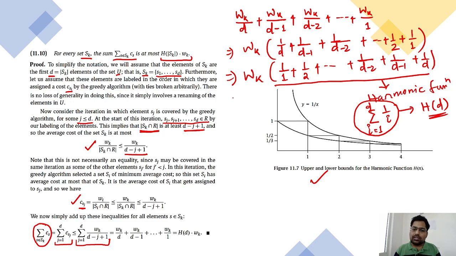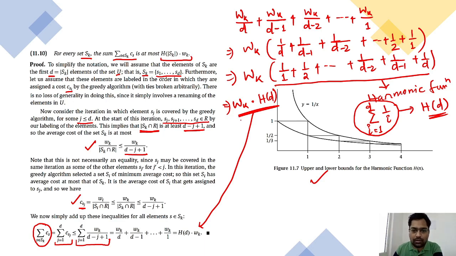So this h of d will be written as w of k times h of d. This d is s of k basically.